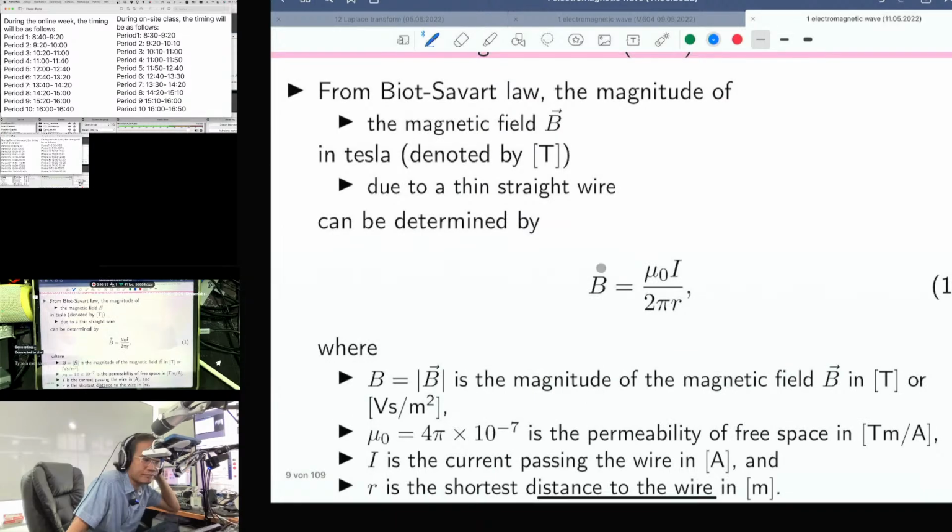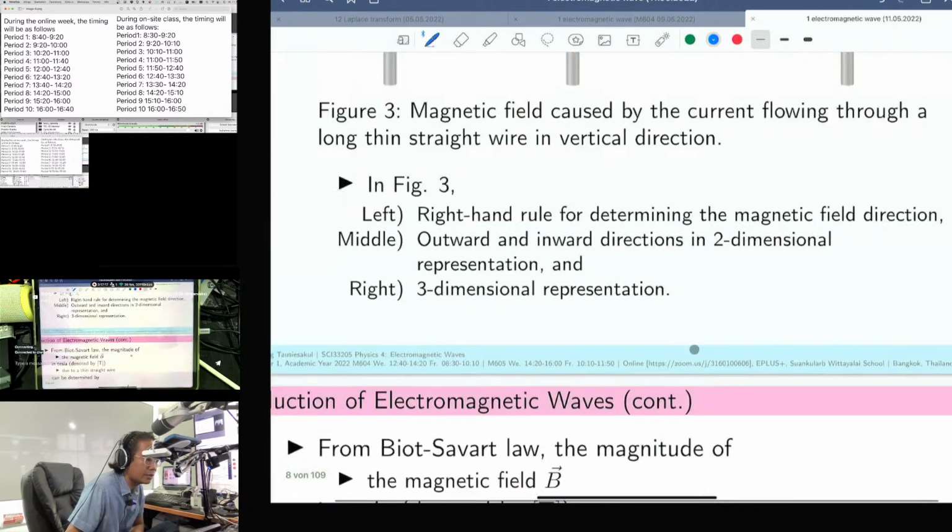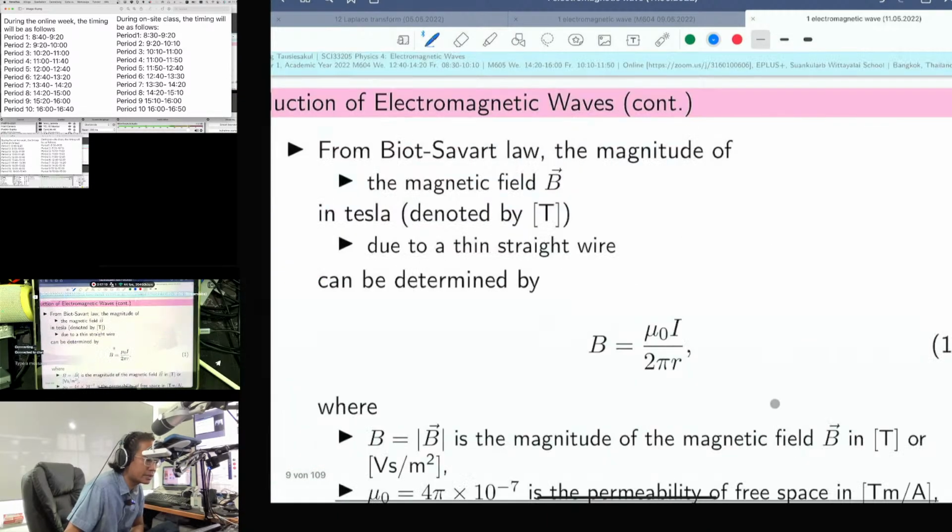But actually, if you reach the bachelor degree, the expression for B is not simple like this. Okay, it's derived from calculus. Okay, the integration over the structure of your conductor at the place where you want to observe the magnetic field. Okay, it's represented in integral form and differential form.